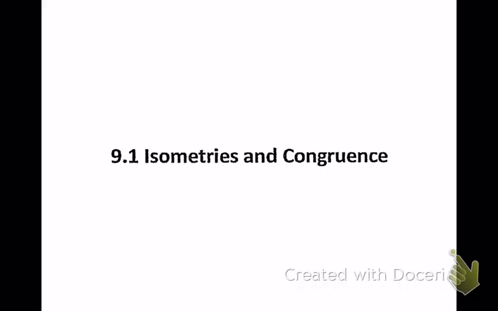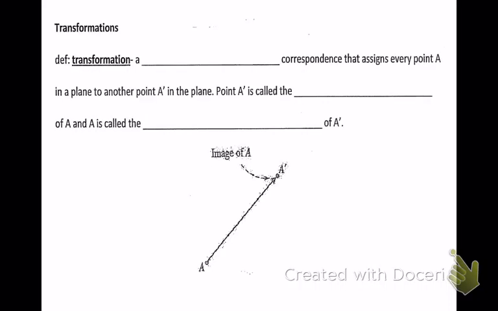Section 9.1, isometries and congruence. First term is transformation. A transformation is a one-to-one correspondence that assigns every point A in a plane to another point A prime.